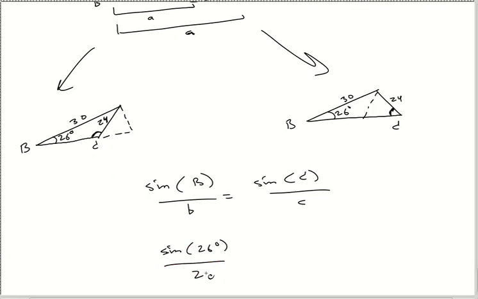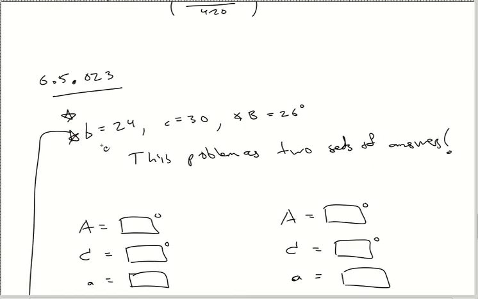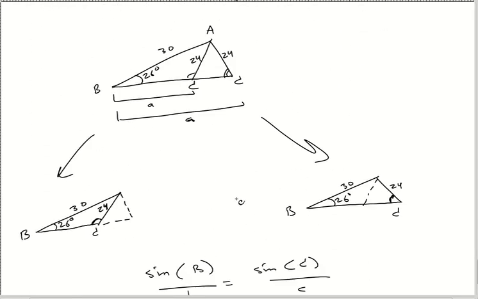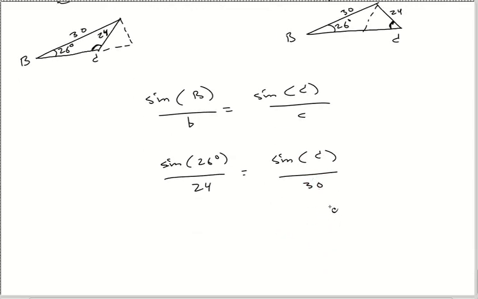Okay, I'm just following directions right here. I'm just filling in the answers from this guy. I don't even care about the triangles right now. Sine of c, I don't know what c is, and then little c is a 30. Okay, so let's start solving for little c. I'm going to multiply this to the other side, and that's almost it.